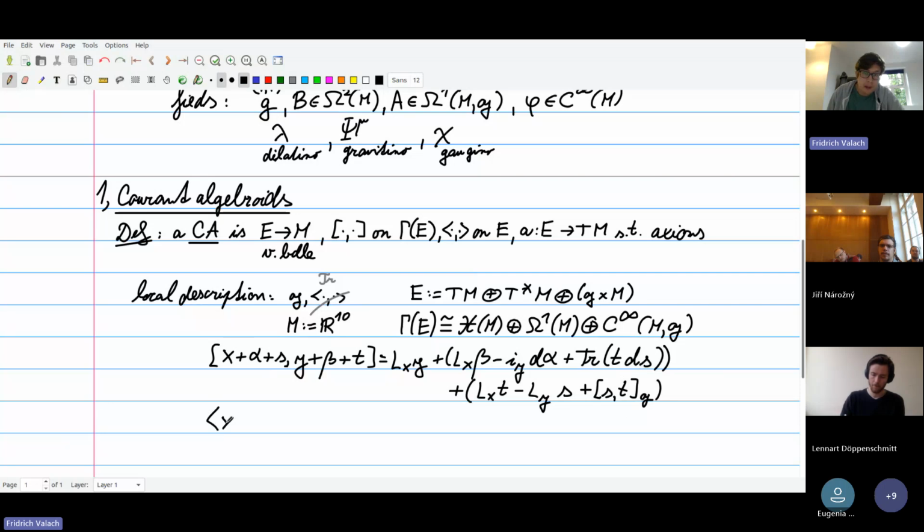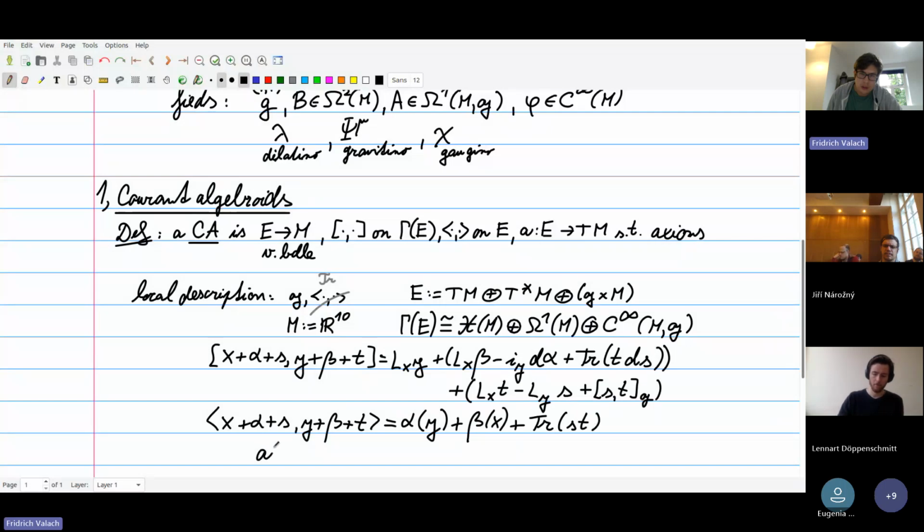And the pairing of two things is the only thing you can do. So you pair the one form with the vector field, same for the other one, beta with y plus beta with x, and then you pair the Lie algebra things together.